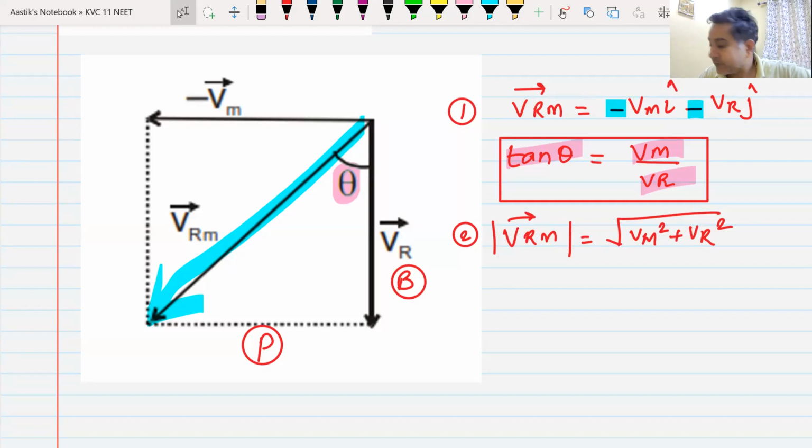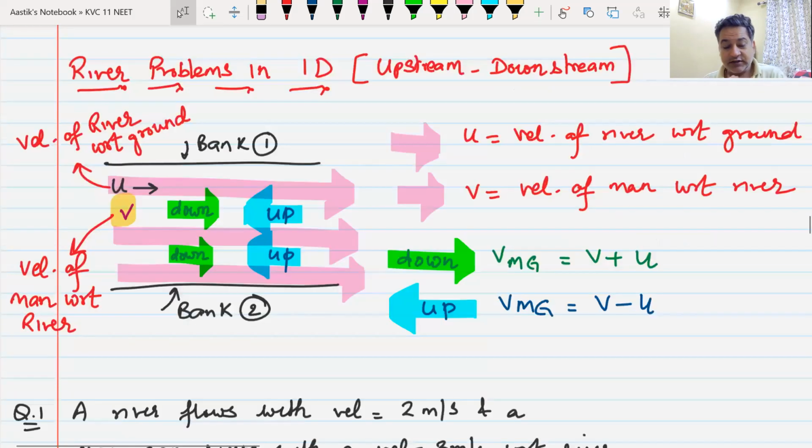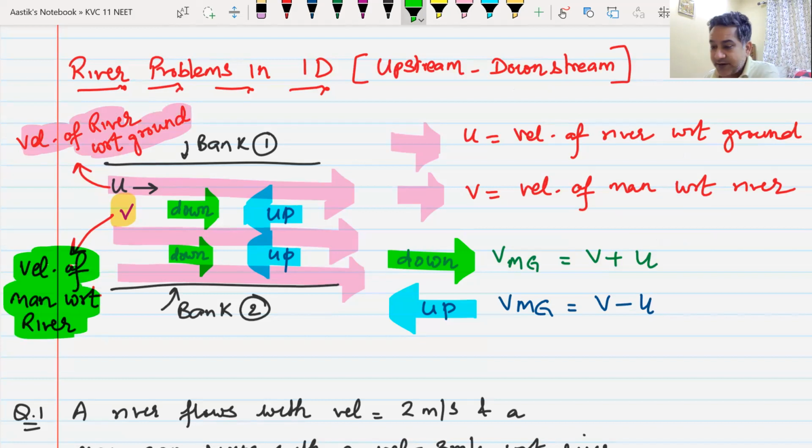Then if I go further back, when we were doing the upstream downstream problem, where the man was moving either in the direction of river flow or opposite to it, we had seen that two things were given. The first was the velocity of river with respect to ground, we called it u. The second was the velocity of man with respect to river, we called it v. Do we remember this?